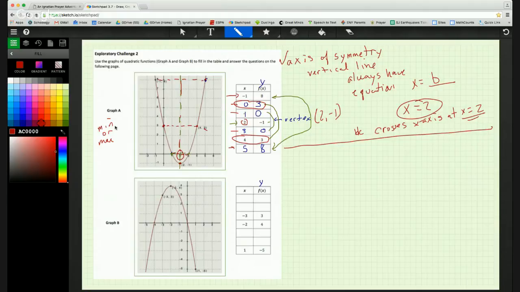So this is our minimum because it's the lowest point. There is no maximum because these go on forever, to infinity. So there's no max. Now I'd like you to stop the video and try to fill out this chart.